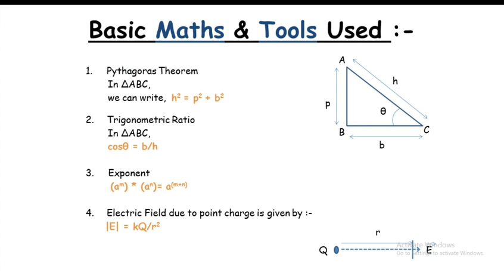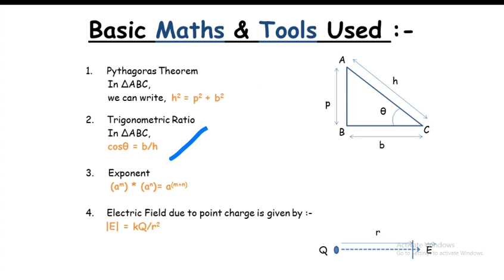First, we'll deal with the basic maths and tools used inside the lecture. First of all, the Pythagoras theorem: h square is equal to p square plus b square. Then the trigonometric ratio cos theta is equal to base by height.